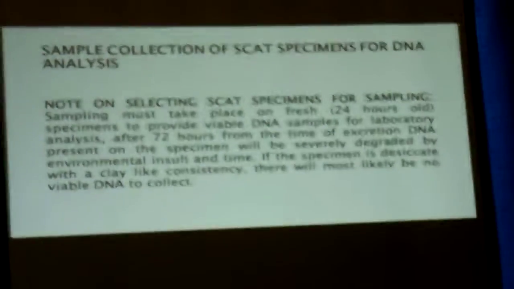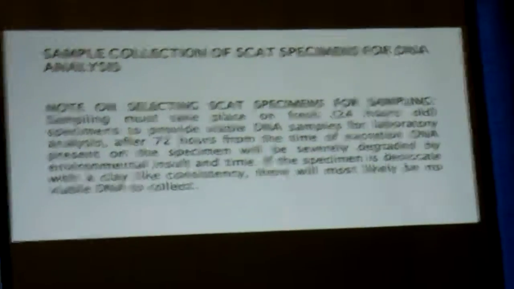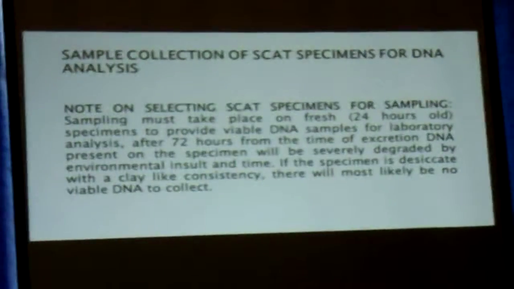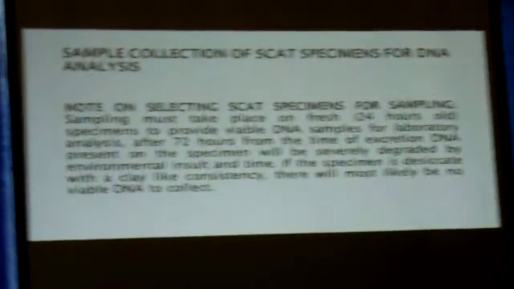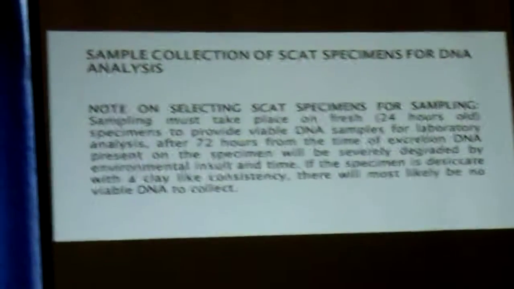The other thing I wanted to talk about was, this is a brief overview, so I'm moving to DNA collection from scat. Scat can be a very, very important indicator of the presence of a species in a particular area.